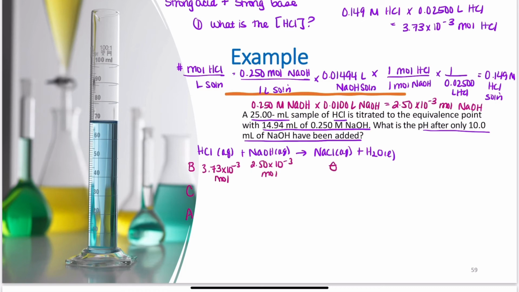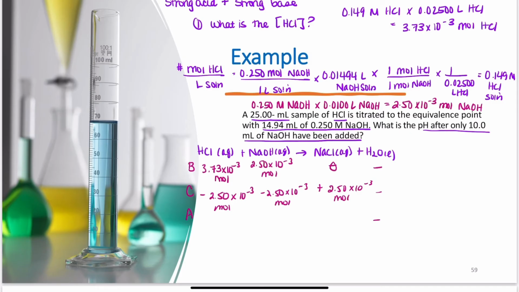I don't have any salt to start, and I don't care about the water, it isn't going to change much. You always subtract the smaller of the two numbers, so minus 2.50 times 10 to the minus 3rd moles, minus 2.50 times 10 to the minus 3rd moles. Again, always subtract on the reactant side and add on the product side. We are always consuming reactants and producing products.